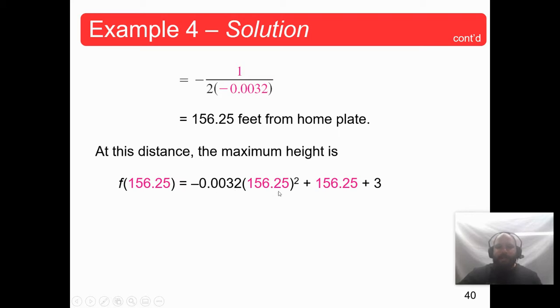You can see everywhere where there was an x, they substituted 156.25 in. And then typing that in your calculator, you will find that the maximum height of the ball is going to be 81.125 feet. And that happens at 156.25 feet away from home plate.